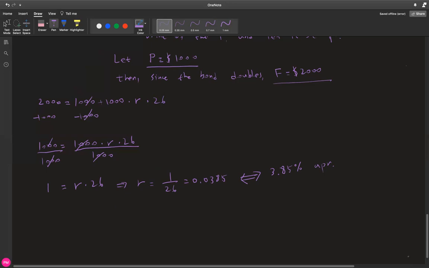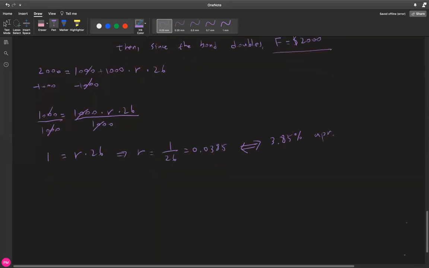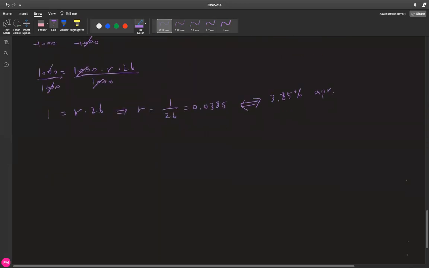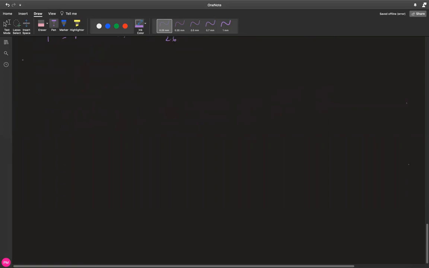What else did we look at? Last class, we also looked at this example called the payday loan.